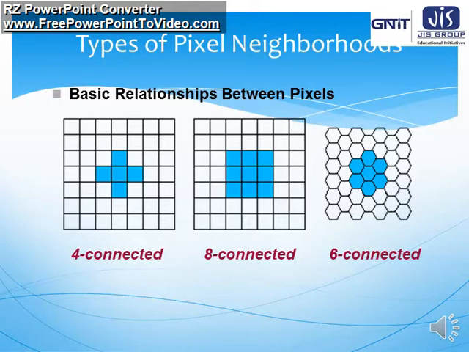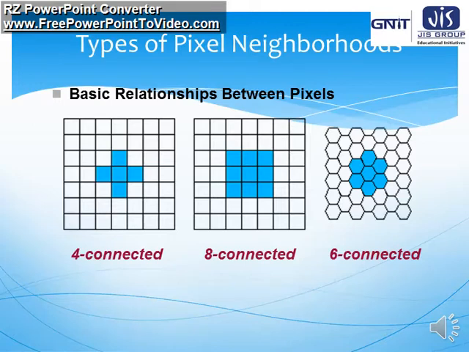For 4 connected, a pixel has 2 horizontal pixels and 2 vertical pixels just adjacent to it. In case of 8 connected, it has 2 vertical pixels, 2 horizontal pixels, and also 4 diagonal pixels.